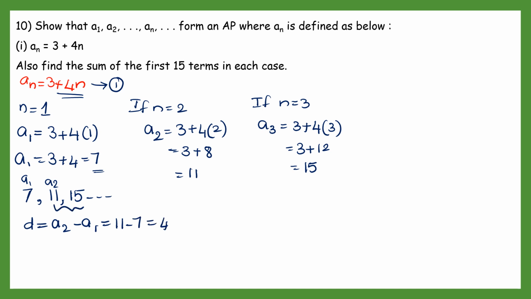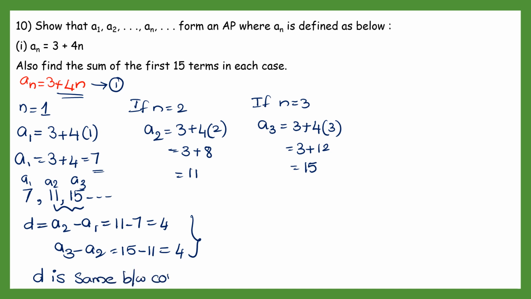Now consider these two terms. a3 minus a2. 15 minus 11. You got 4 again. So, we got common difference. That is, difference between the consecutive terms is same.